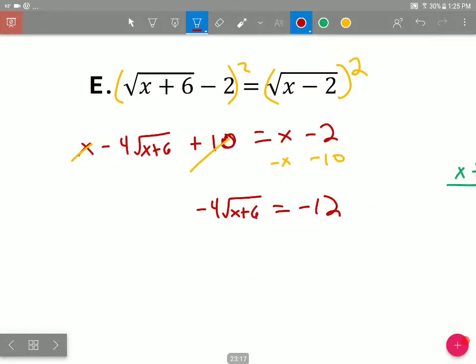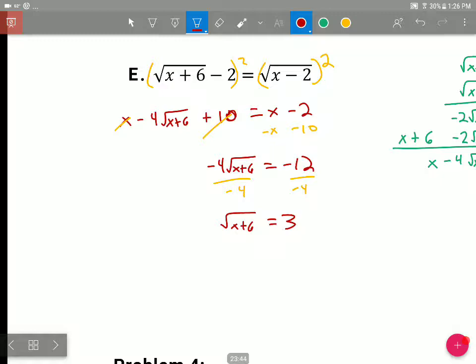What are we going to do from here, though? You want to go ahead and square it, or you want to do something with the negative 4? I would divide it by that negative 4. And you get root x plus 6 equals 3.